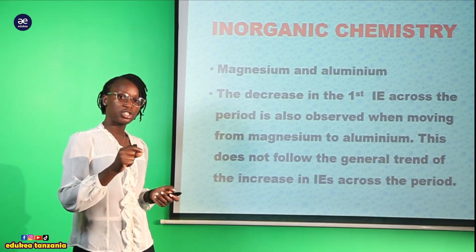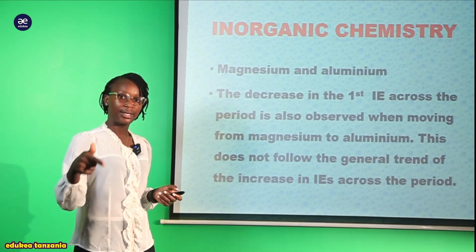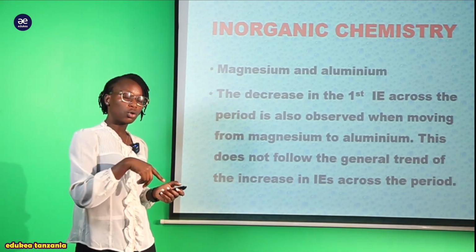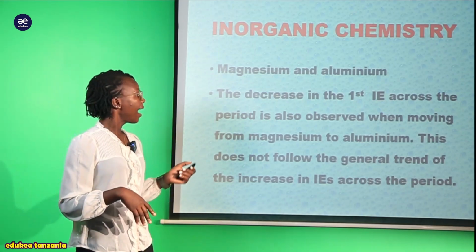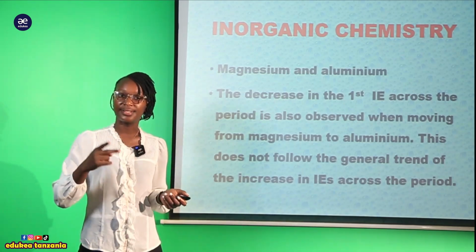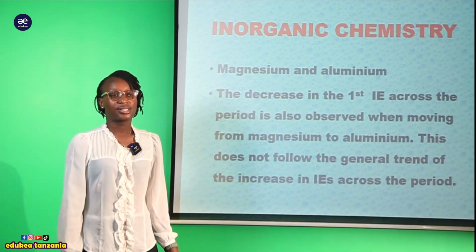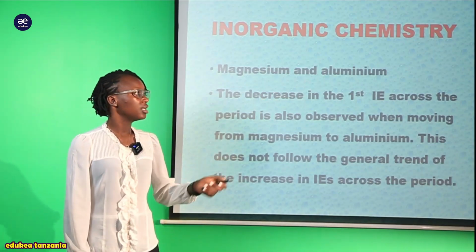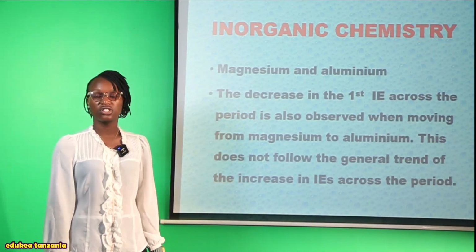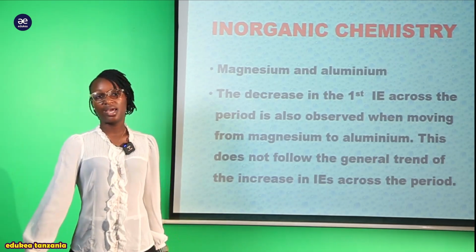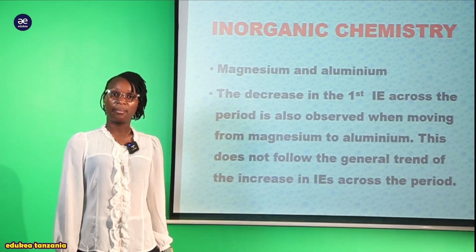Sasa hapa utaona magnesium ana 2 valence electrons, lakini aluminium ana 3 valence electrons. Kumbuka tuna ionization energy 1, 2, 3, 4. Sasa huyu magnesium atakuwa anaenda mpaka ionization ya pili, lakini aluminium mpaka ya 3.